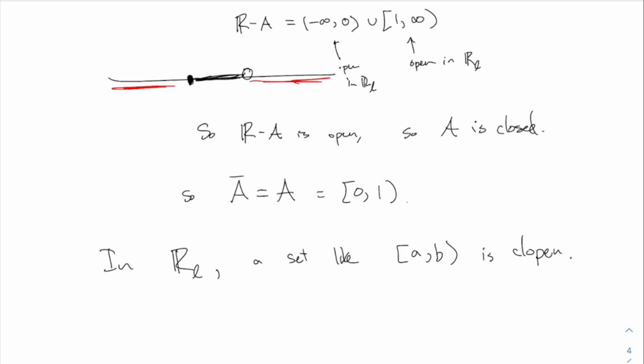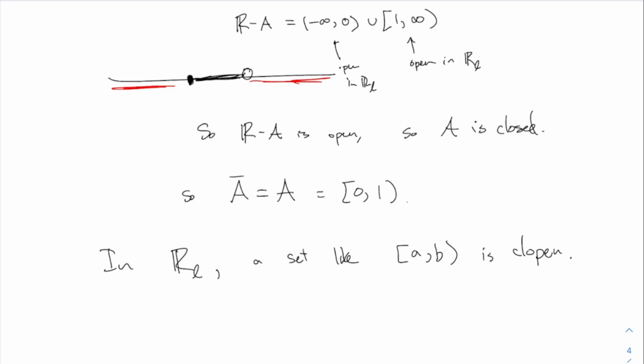This is very weird compared to the standard topology for R, in which the only clopen sets are the empty set and all of R. But in the lower limit topology, many sets are open and closed. Very strange. So in this case, the closure and the interior are not very interesting because the set is already open and closed, so you don't get anything else when you take the closure or the interior.